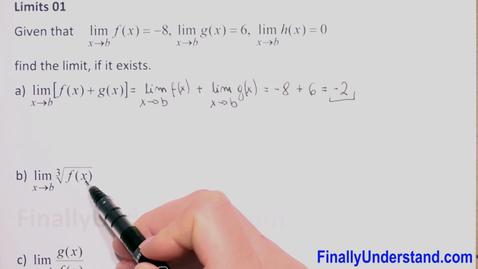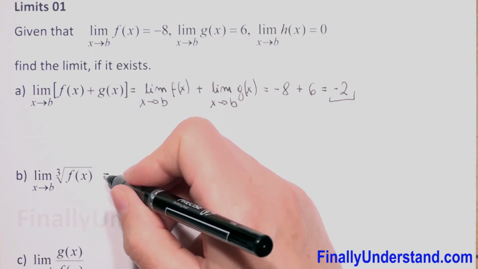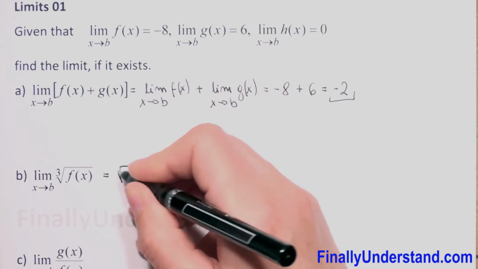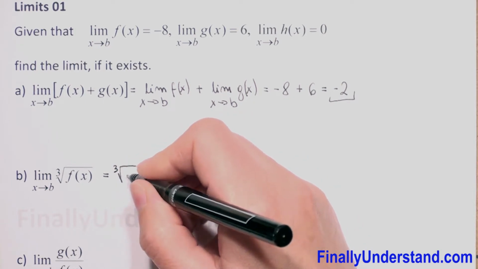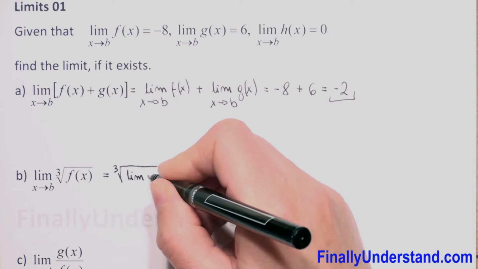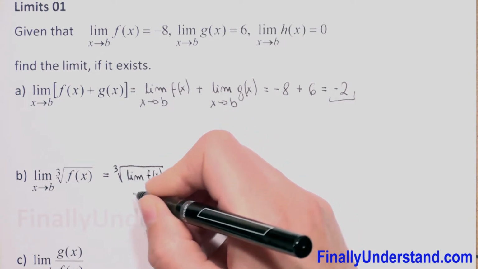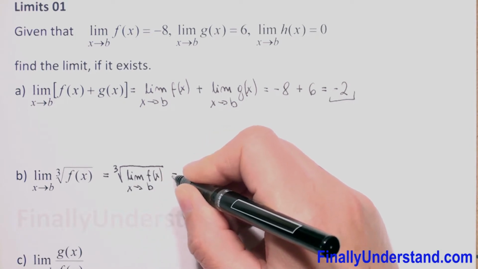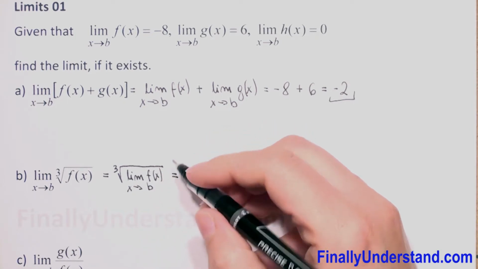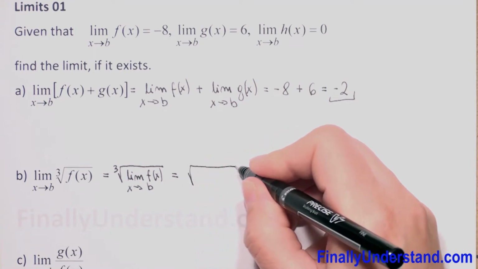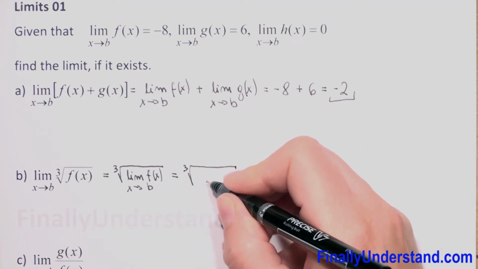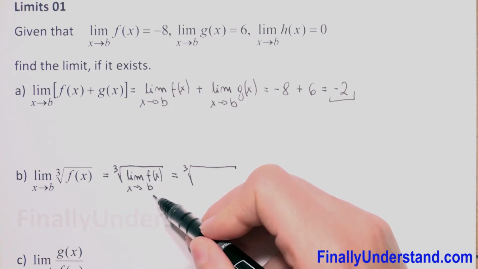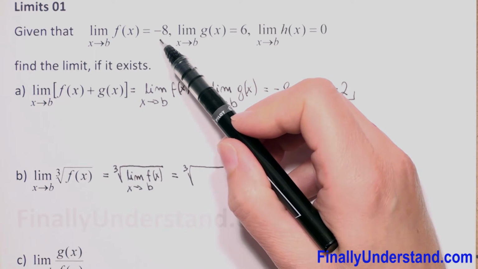From properties of limits, we can rewrite this as the third root of the limit of f of x as x approaches b. So this is equal to, now we will copy the third root, and for the limit of f of x as x approaches b, we just put negative 8.